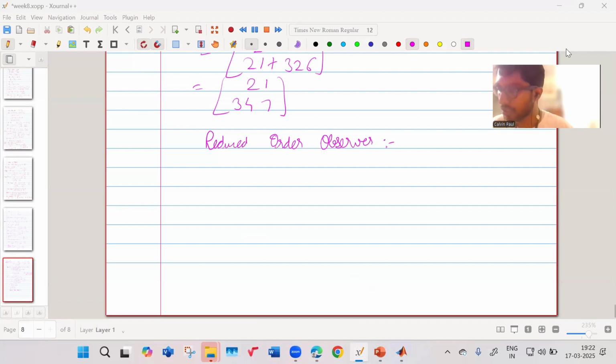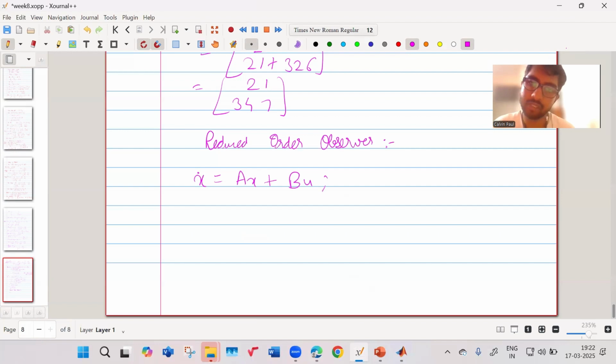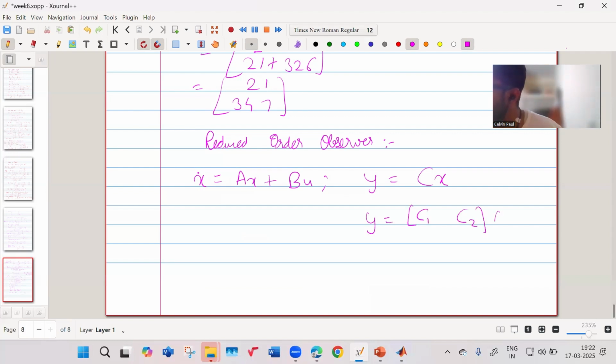So what we will do is, we have the system x dot equal to Ax plus Bu, and y equal to C into x. Now what we do is we partition our system. Suppose our y is actually C1, C2, times x1, x2.